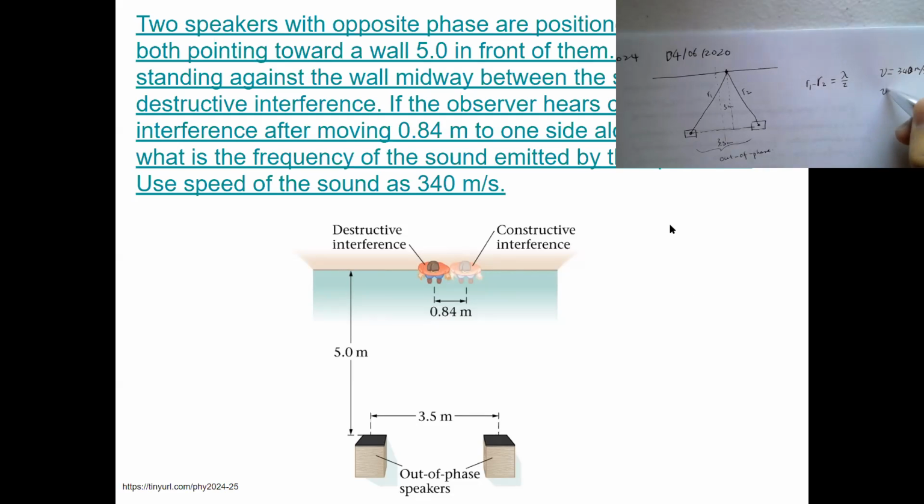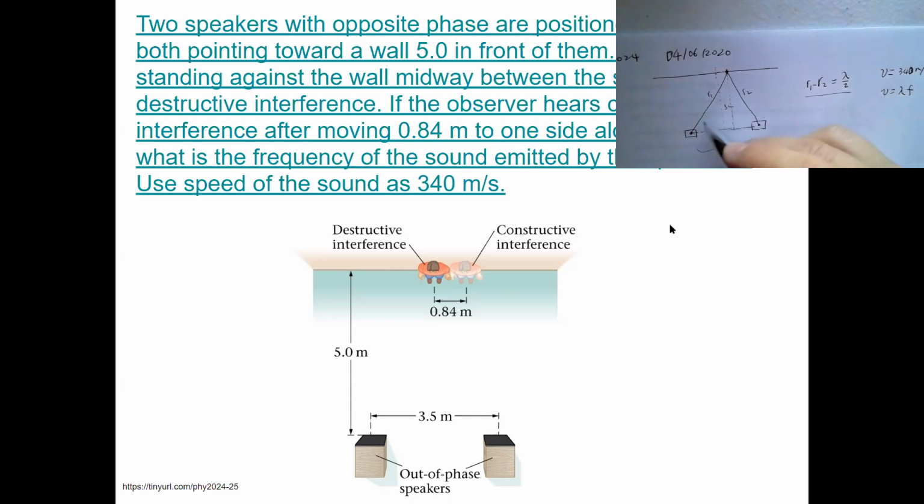Now v should also equal frequency times lambda. We are given v and looking for frequency, so we need to know lambda. Lambda is related to the path difference in this equation, so let's see if we can figure out lambda from here.